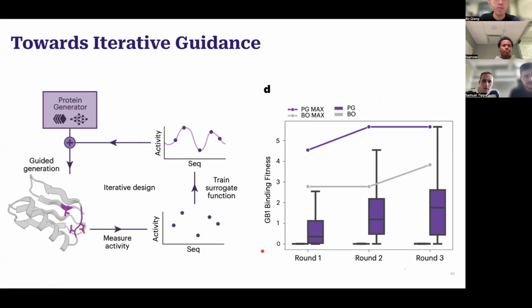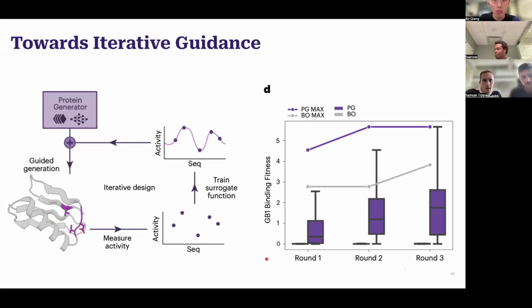And for round 0, we took the first 96 sequences that the model generated, and used that to initialize a Bayesian optimization trajectory, as well as to train classifiers that we can then guide ProteinGenerator with.